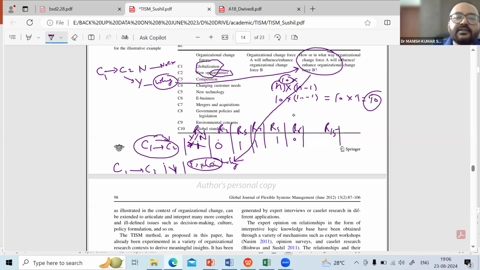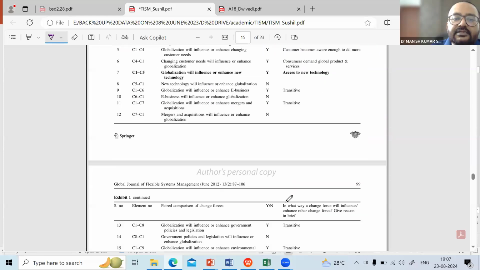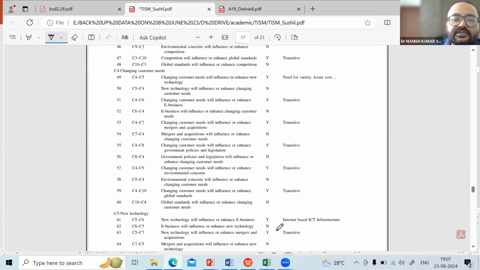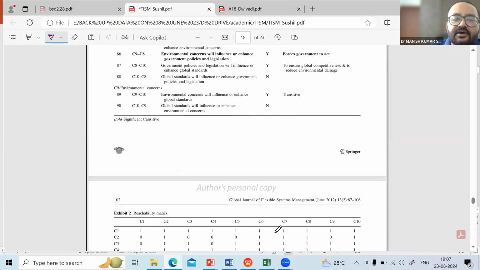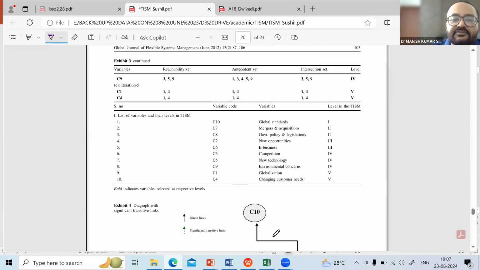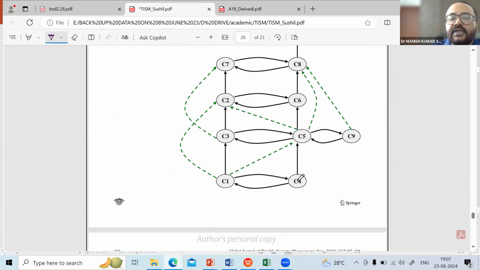And then what is the model? For example, you might have seen in the model that there is a both-way relationship, that C1 is influencing C4 and C4 is also influencing C1. So that kind of interrelation is what you call interrelation. These dotted lines are telling that it is an indirect relation.